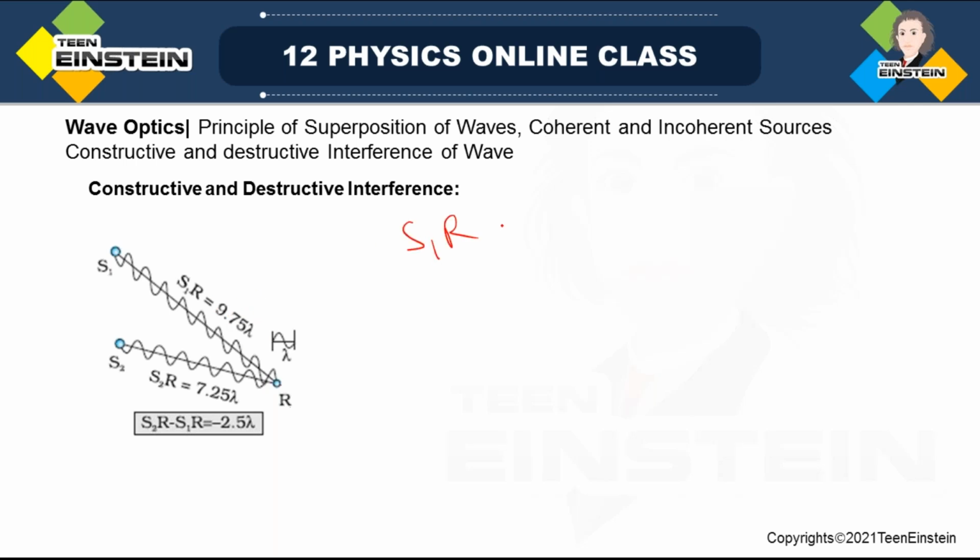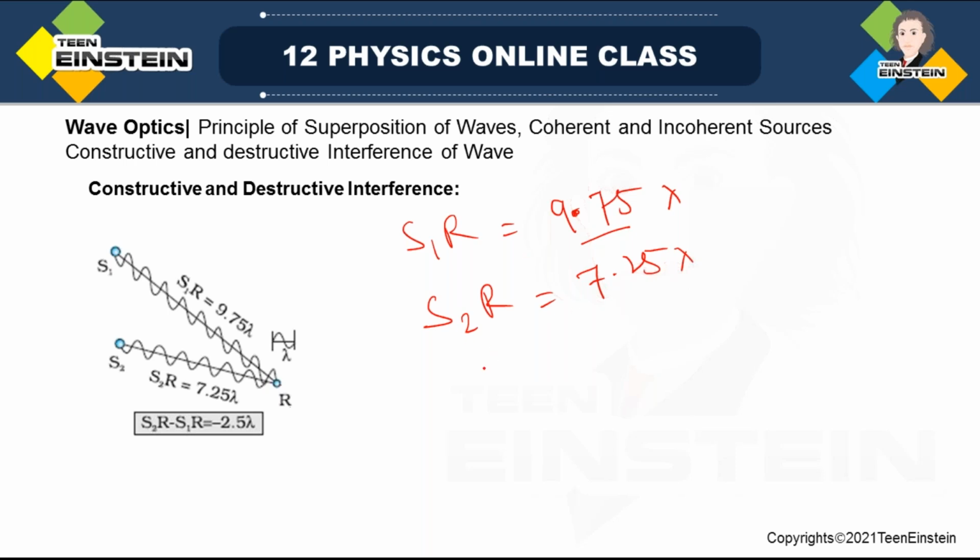So S1R is 9.75 lambda. That means it completed 9 complete waves and 75% of the other cycle. And S2R is 7.25 lambda.